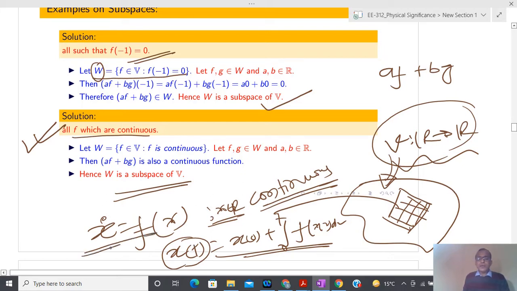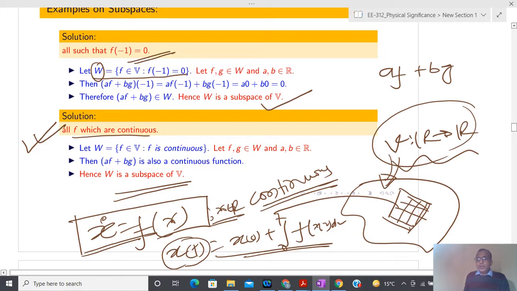It means that whenever I am writing this, I am assuming a space where the state variable is a continuous function. I am not going to consider a state which is discontinuous whenever I am writing this kind of differential equation during mathematical modeling. So that kind of inherent assumption I have.